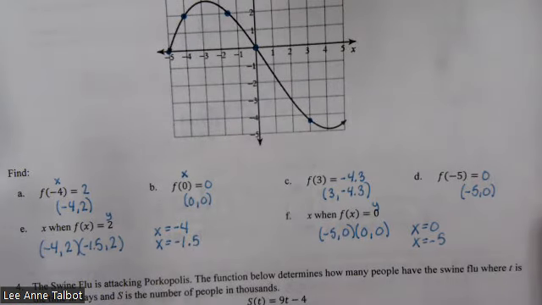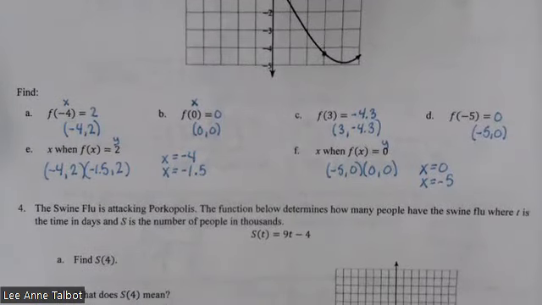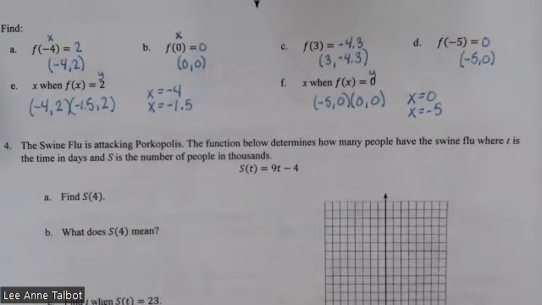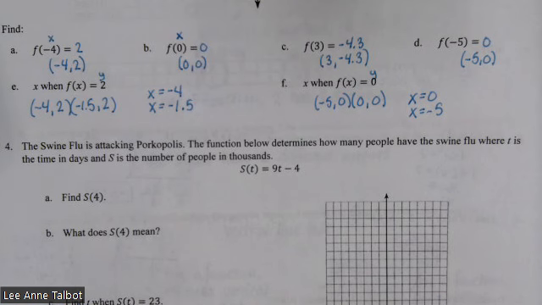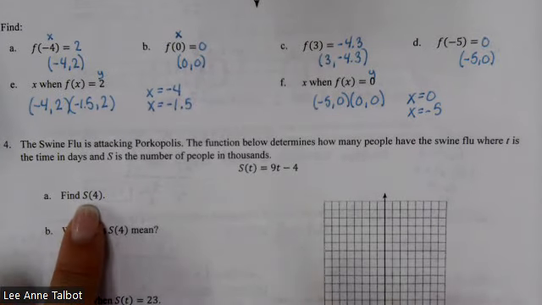Okay. All right. Now, if you guys could scroll down to the swine flu in Porkopolis. Okay. The swine flu is attacking Porkopolis. The function below determines how many people have the swine flu, where T is the time in days and S is the number of people in thousands. A, find S of 4.